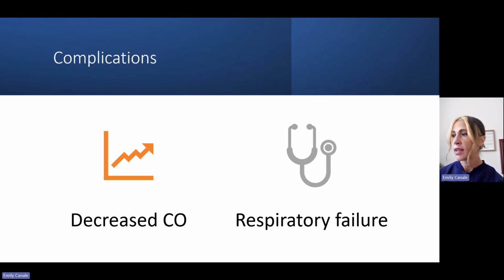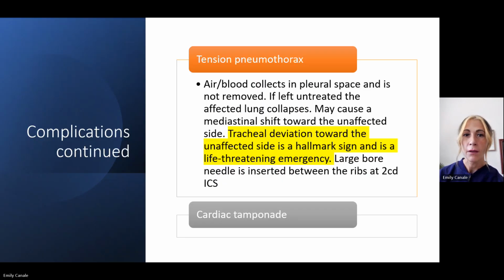Because what can happen if we don't treat this patient is, again, they're going to become hemodynamically unstable and they could go into respiratory failure. Another thing that can happen is a tension pneumothorax. This can happen if air or blood collects in the pleural space and is not removed.